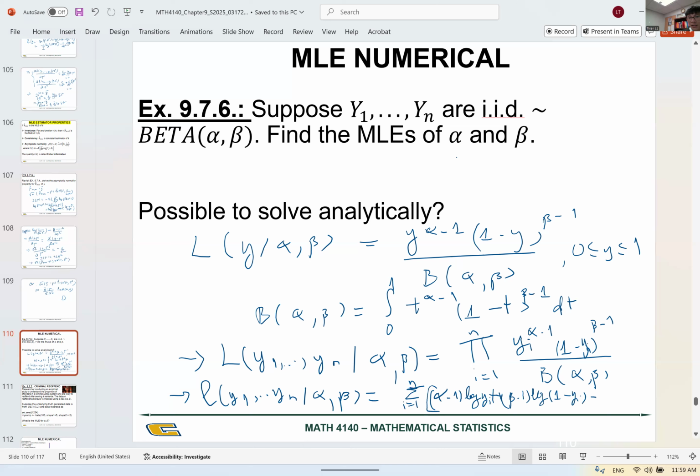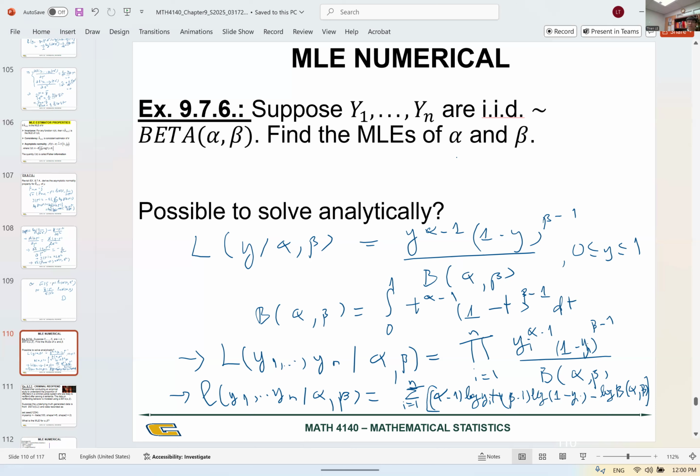But this makes your life miserable here, right? Log gamma of alpha beta. So no matter how you derive it, it won't work out for you in closed form.